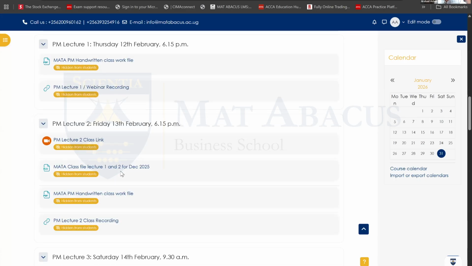Some of them will be like here. It will accumulate 1 and 2, 1 to 3, 1 to 4. Easy. So you need to have access. You just download it to your own computer. You refer to it, you review it, you miss something, you did not understand something, you did not catch something, it's there. That's how easy we make it for you. I mean, at least I make it for you on this LMS.